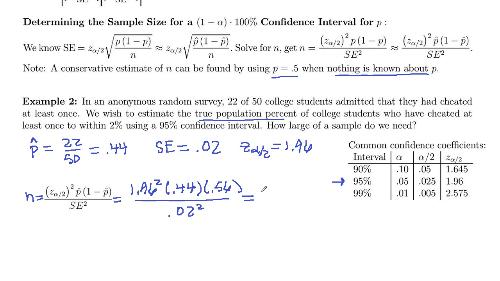And if you enter this into the calculator, you will get 2366.4, and we always round sample sizes up, so 2367. So we need 2,367 in our sample in order to estimate the true percent of college students to within 0.02.